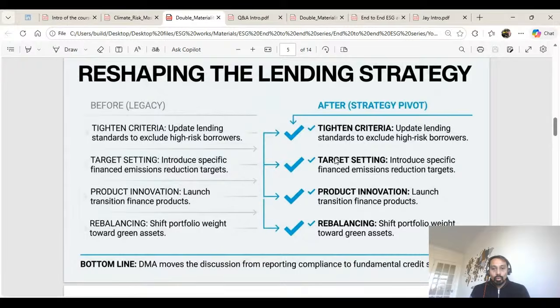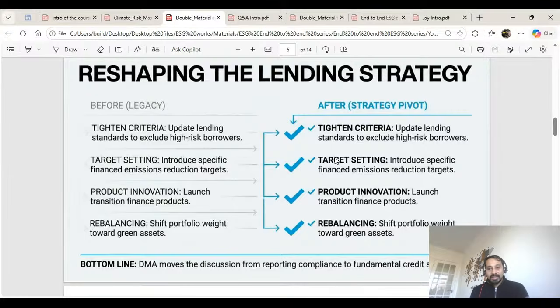For that they have to apply tightened criteria in lending standards to exclude high-risk borrowers, like fossil fuel projects or agriculture projects used in high-emission areas. They have to set targets for financed emissions to include reduction targets, and product innovations for a decarbonization journey.